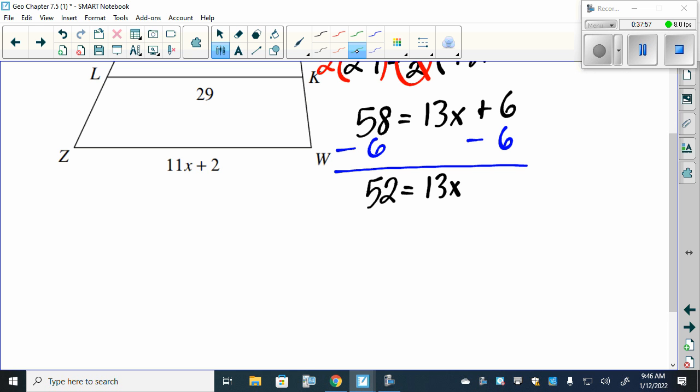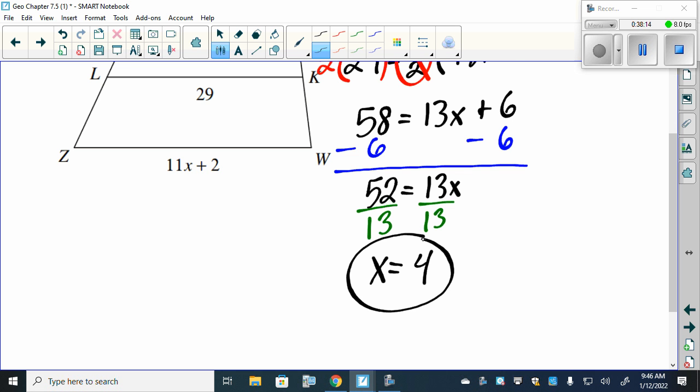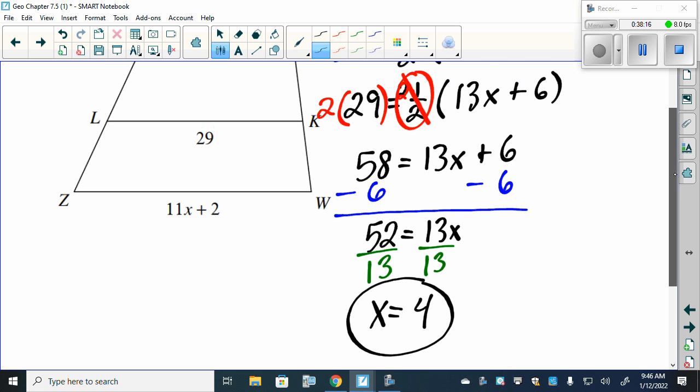Then we would. I was thinking the same thing when I noticed that x, we'd have 13x.